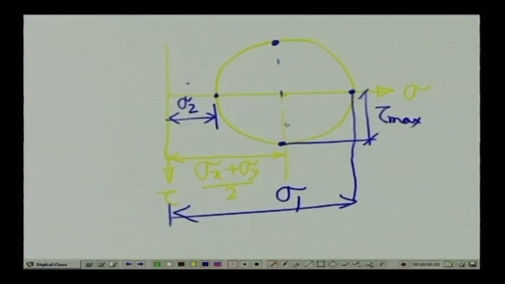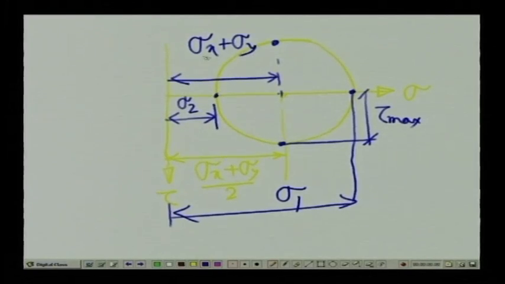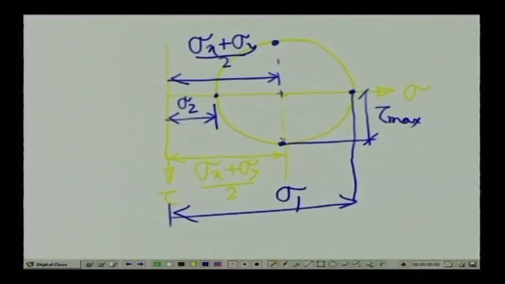Note that at this plane the normal stress is equal to this magnitude, which we know already, sigma x plus sigma y by 2. So, from this diagram itself we can answer both the questions: on the planes where the normal stresses are maximum, the shear stresses are 0, and on the planes where shear stress is maximum, normal stress exists, and its value is sigma x plus sigma y by 2.